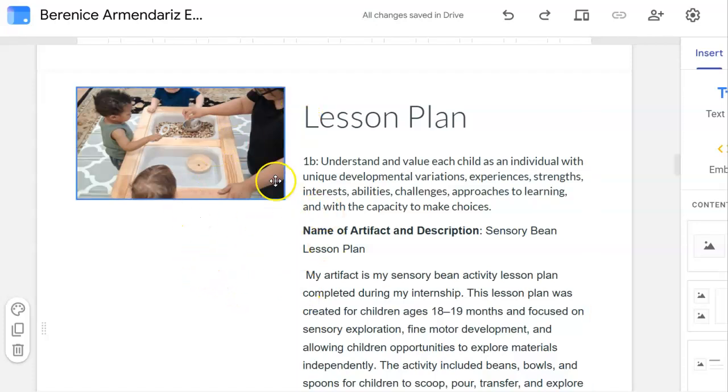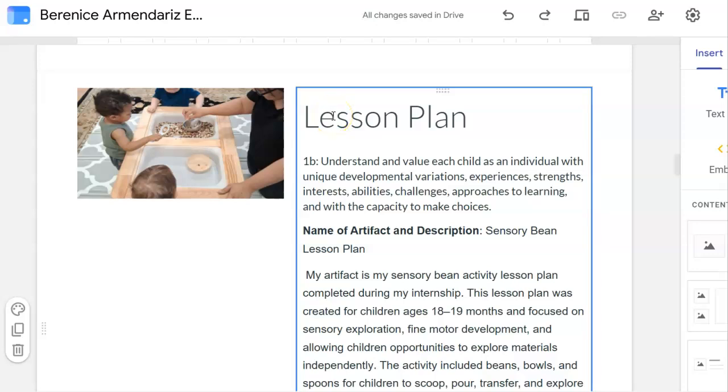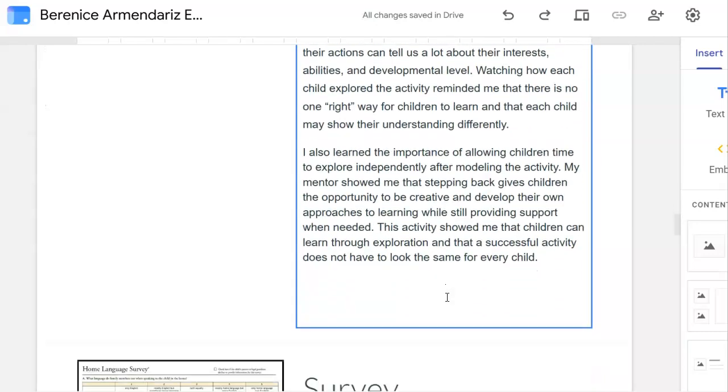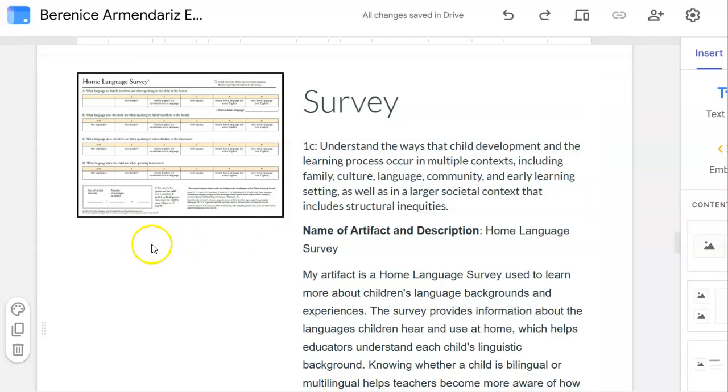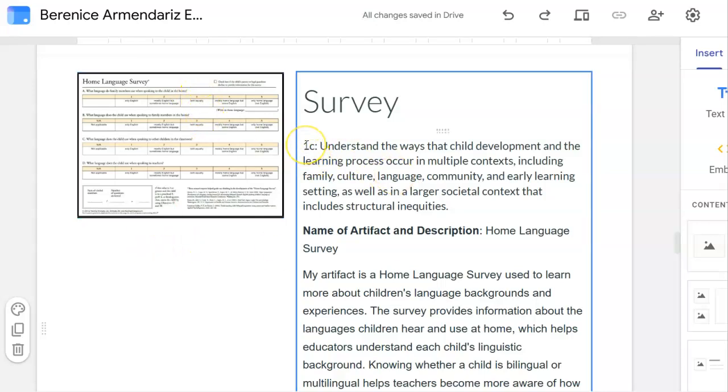You can say for 1B, this is a picture of a lesson plan I did, and this is what the children are learning. For 1C, this is the home language survey. This is why I chose it. Home language surveys, you would say, I chose the home language survey.